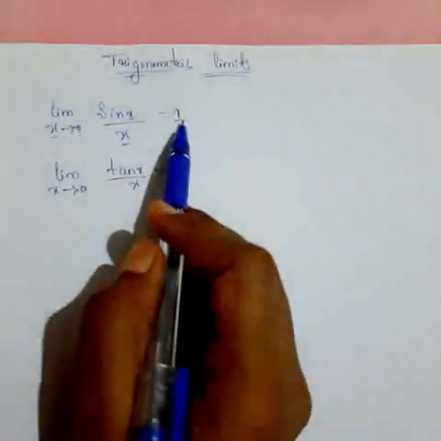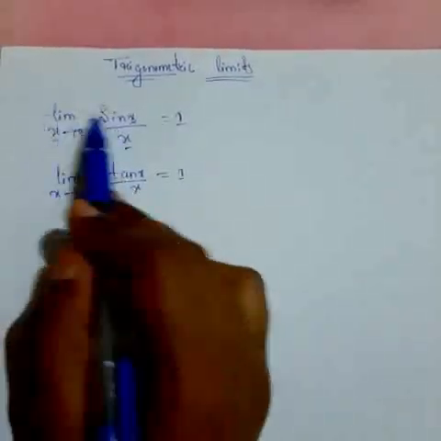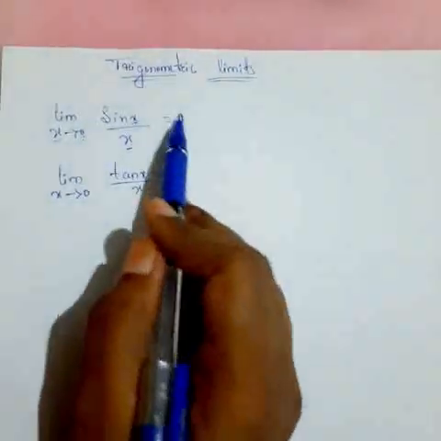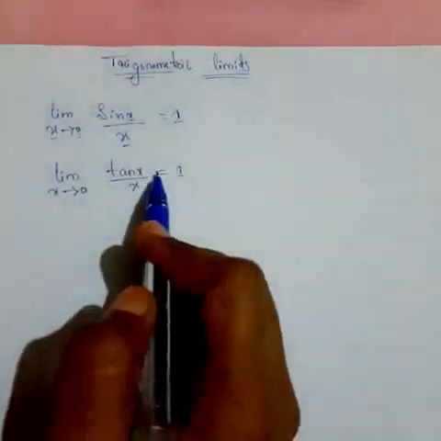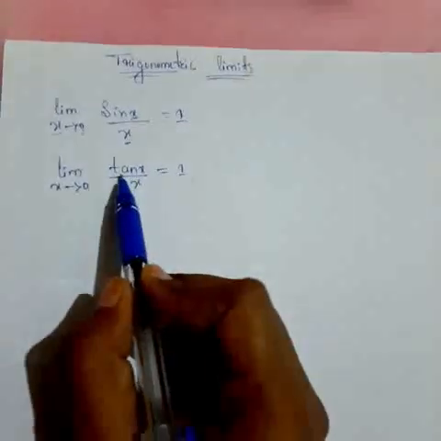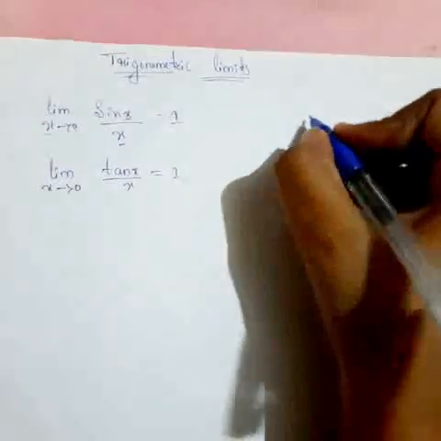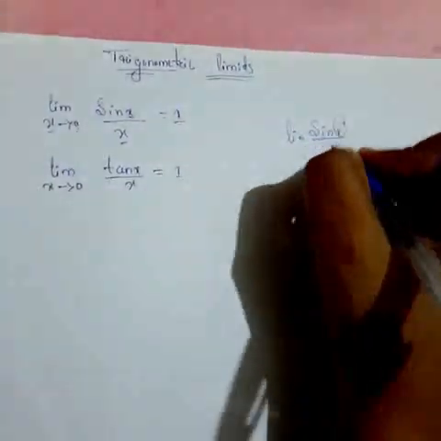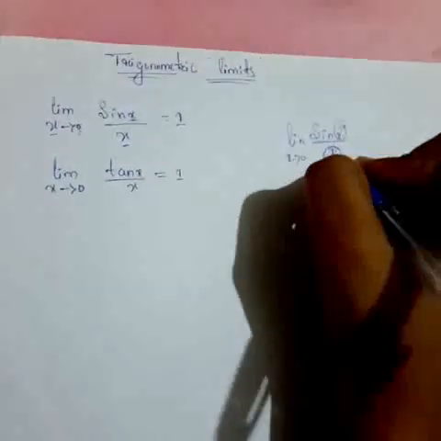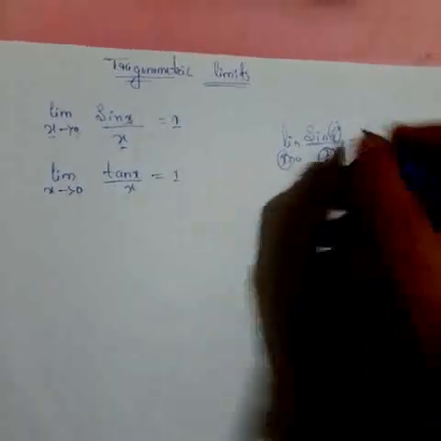Then only the value is 1. Similarly for tan also. Only these two, not applicable for cos. Here also these three should be the same, and then it is compulsory that it is approaching 0.